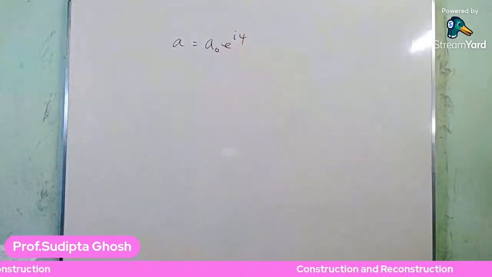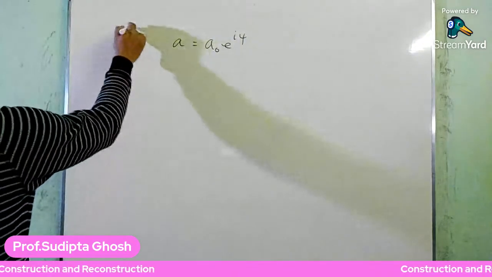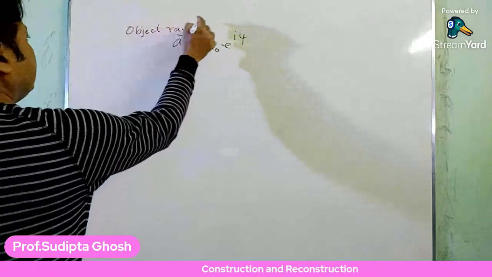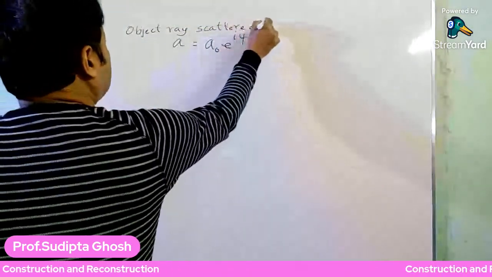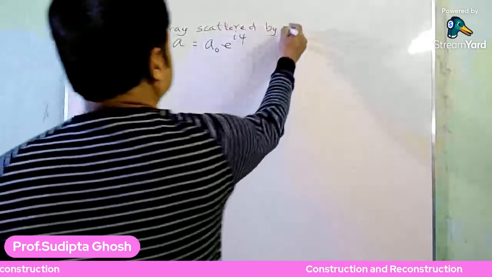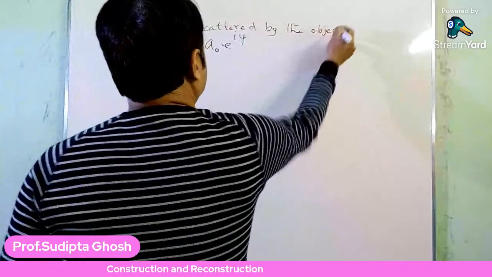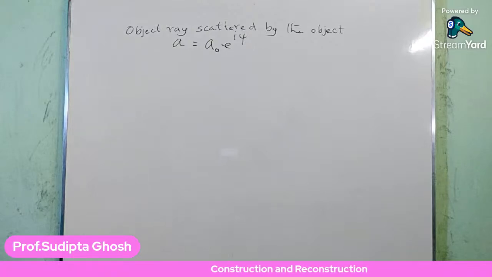This is the object ray, scattered by the object, which strikes the hologram, and the complex amplitude is a = A0 e^(iψ).